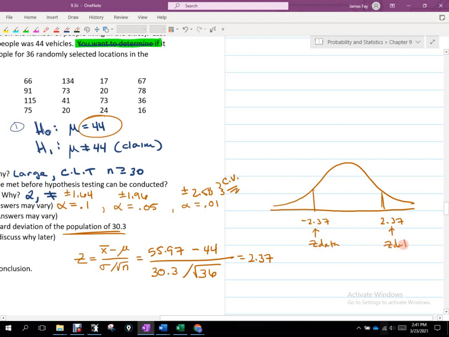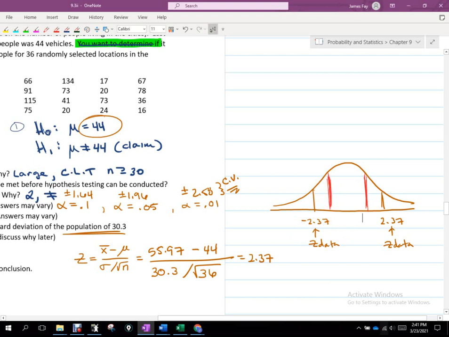If I were to compare that to plus or minus 1.64, 1.64 and negative 1.64 would be those two locations. Does that make sense? So if I'm looking at alpha being 10%, this would tell me that I would reject the null hypothesis, because my test statistic is beyond my alpha values, which dictate my critical regions, right? Does that make sense to everybody?